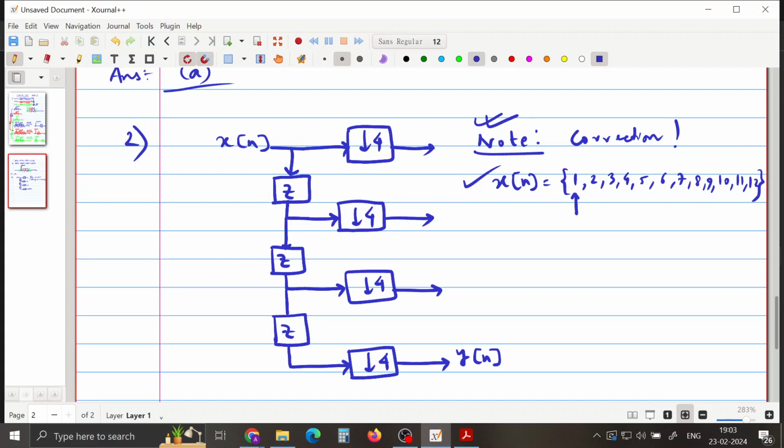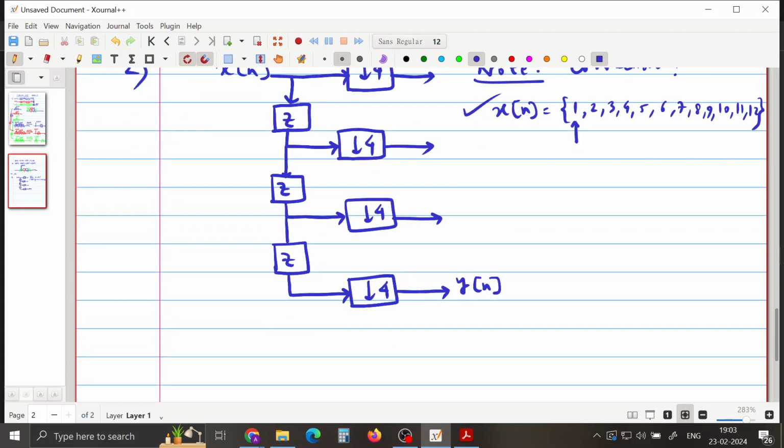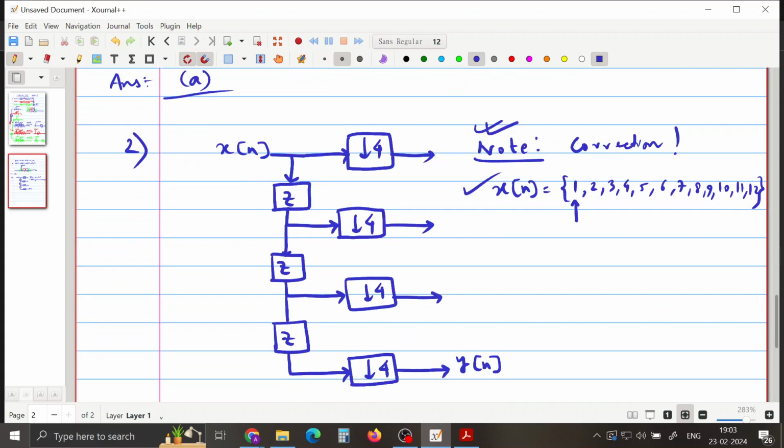So this is x of n. Now tell me what is the signal at this point, where I have tick marked. What would be this signal here?